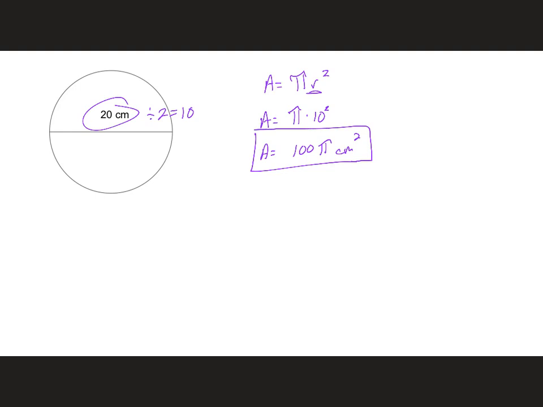So there is my exact answer. 100 times 3.14 gives me my approximate, which comes out to be 314 centimeters squared. So there's our approximate.